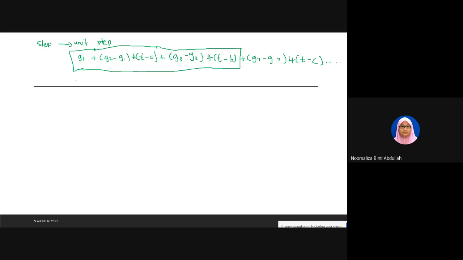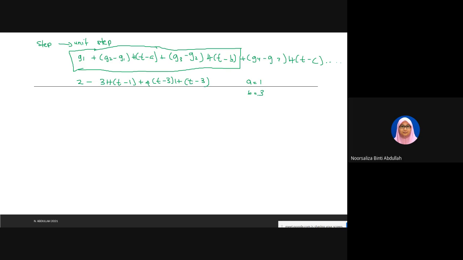Let me write back the equation we got: 2 minus 3 h(t minus 1) plus 4(t minus 3) h(t minus 3). From here you can identify a and b: a is 1 and b is 3, right?